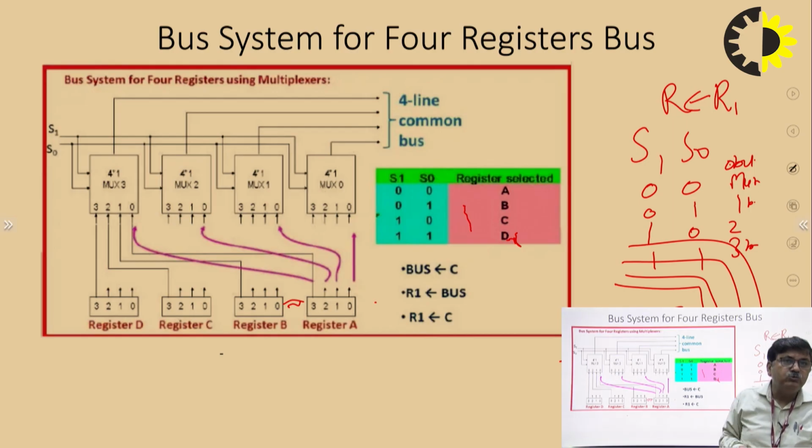So where does it have to be connected? I have to add another multiplexer whose 0 input will be connected to the fifth bit.